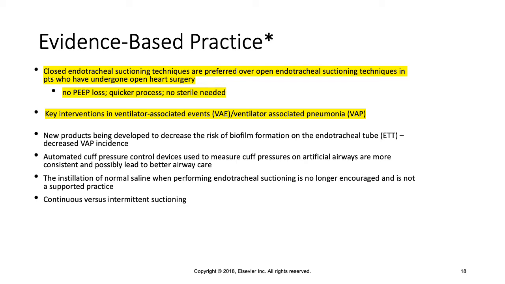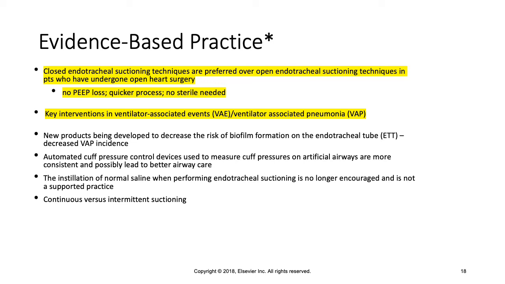Again, when patients are on ventilators, we don't want them on any longer than they have to be. The longer they're on, the harder it is to get them off, the greater the risk for ventilator-associated events and pneumonias. Other interventions include starting peptic ulcer prophylaxis and DVT prevention prophylaxis, unless it's contraindicated.